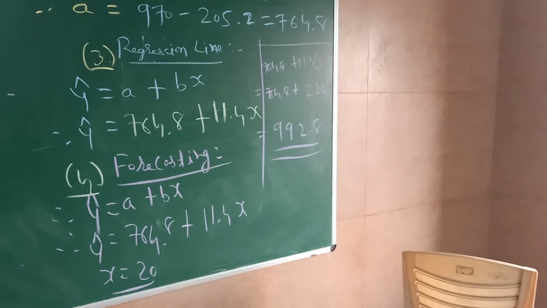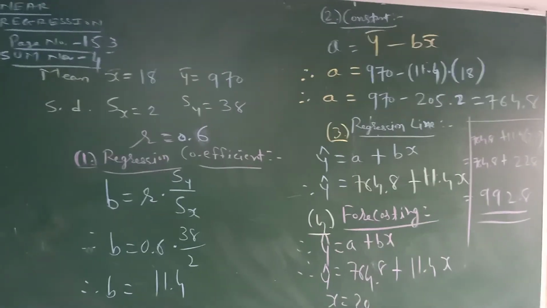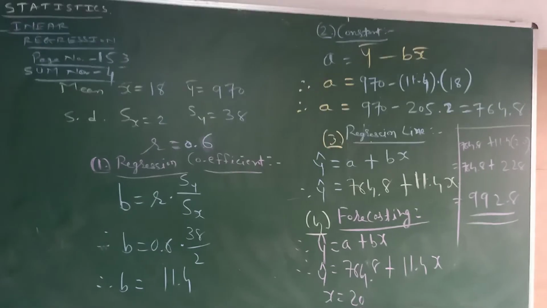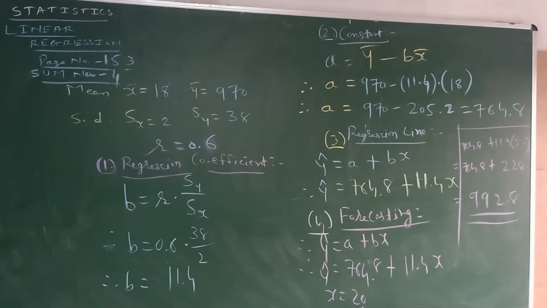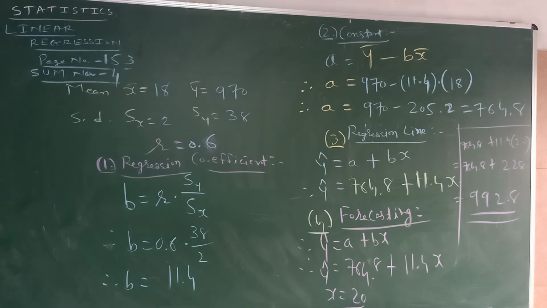So the final answer is 992.8. So students, you can find the regression line or do the forecasting whenever correlation coefficient R is provided in the question, or covariance xy is given in the question. Without making any type of columns, you can easily find the values and answer. So now you all are able to do the practice sums of this particular method from your textbook.